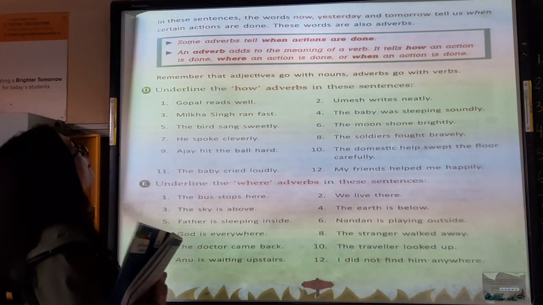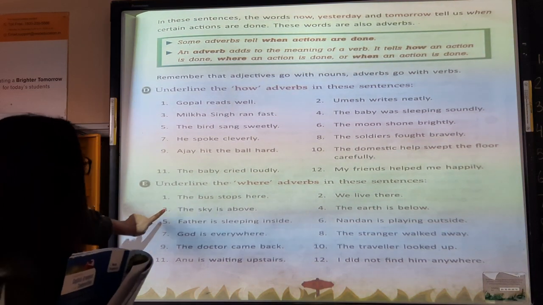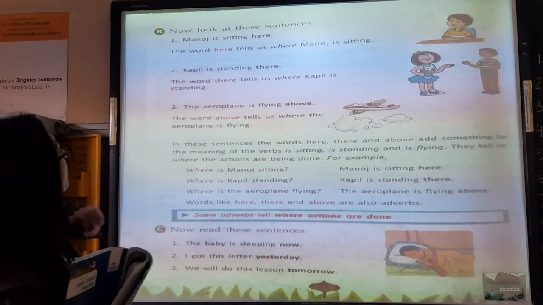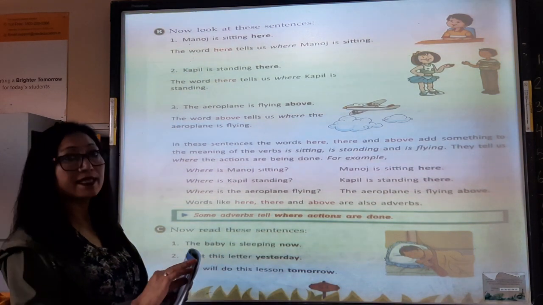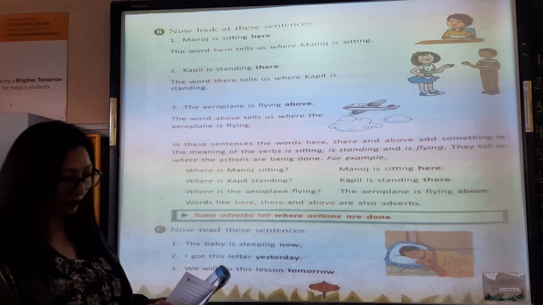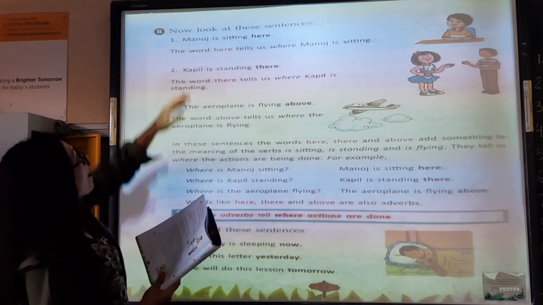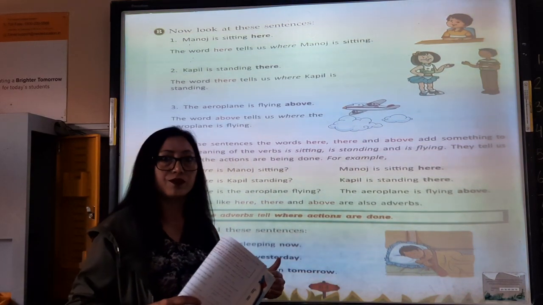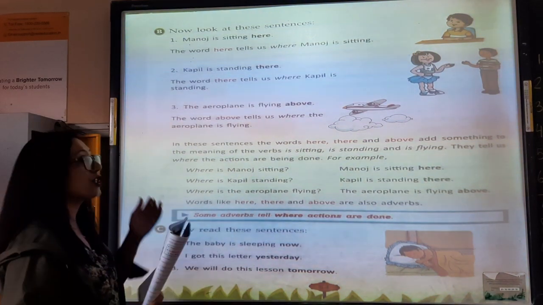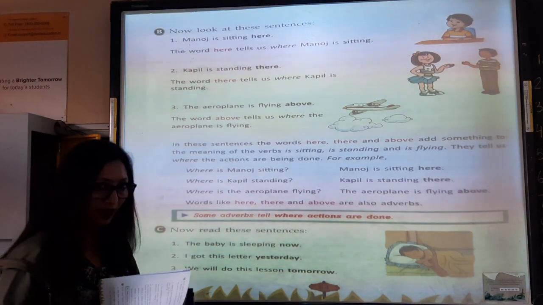So here we have, in these sentences, okay, now look at these sentences. Manoj is sitting here. Where? Here.